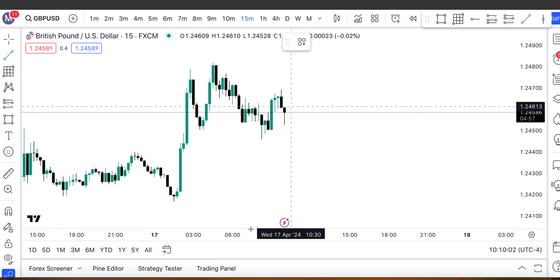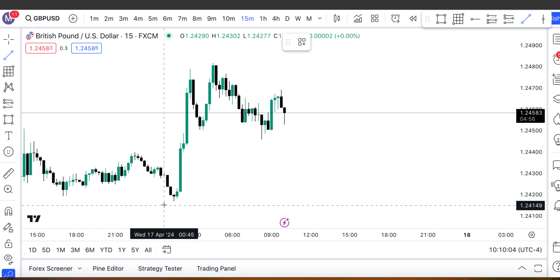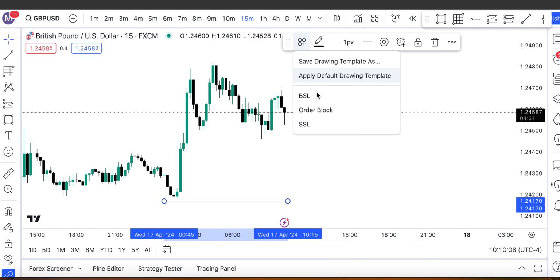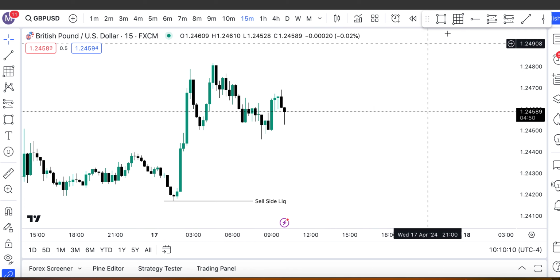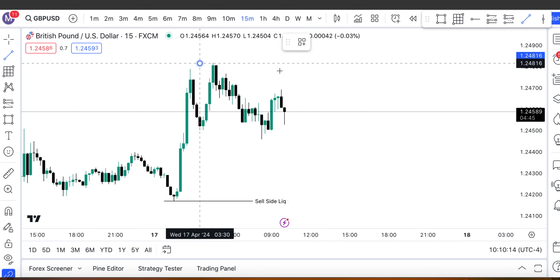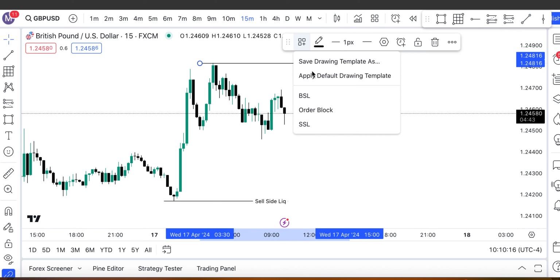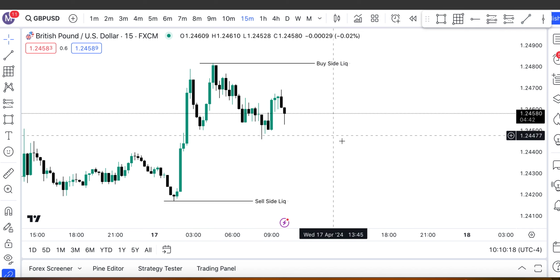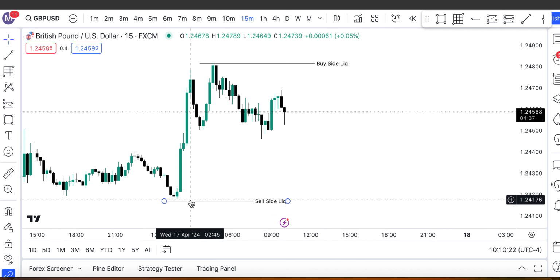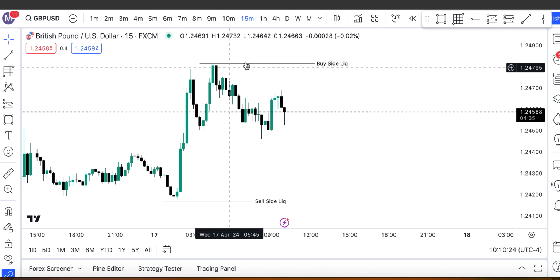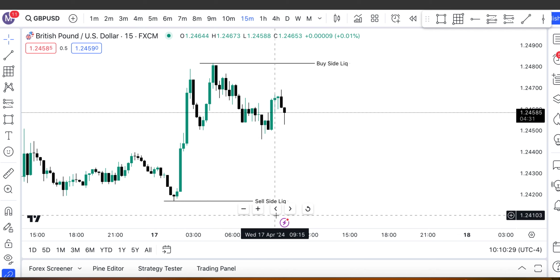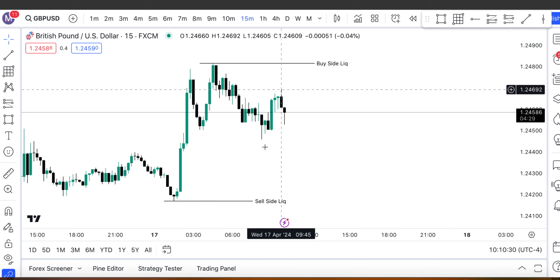Well, sell side would be here, and buy side up here. These are known as our external liquidity because it's basically the bottom of a range and the top of a range. Buy side liquidity up here, sell side down here. So these are the most prominent highs and lows in this current range.